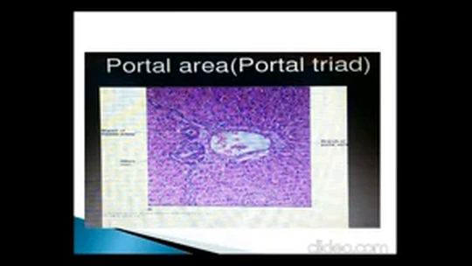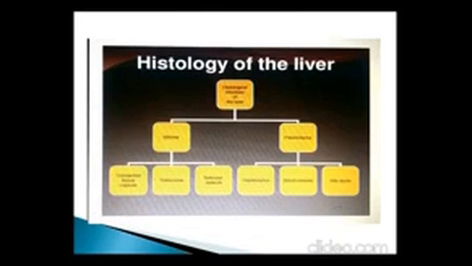Basically, this is contributed by the parenchyma and the stroma. The stroma is formed by connective tissue, the trabeculae, the reticular network, whereas the parenchyma, as you all know, is contributed by the hepatocytes, blood vessels, and bile ducts.